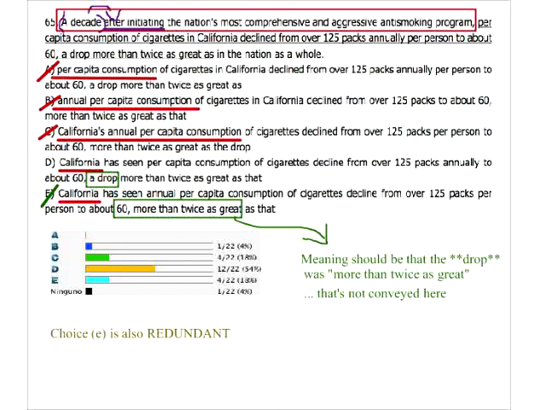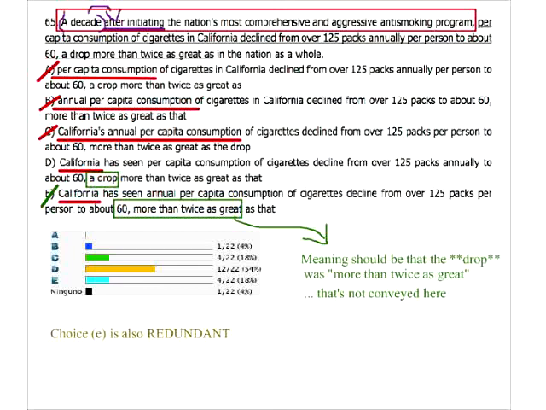Yeah, annual per capita is not redundant. A couple of you are saying that. Annual and per capita are two completely different things, so that's not redundant. If something is per capita, then it's not necessarily per year, and if something is per year, it's not necessarily per capita. So, to the gentleman saying annual per capita, no, annual per capita is totally fine.